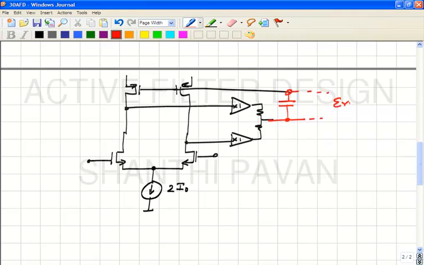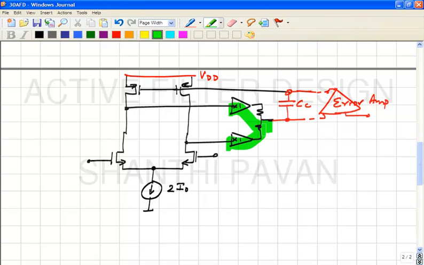This is the error amp. All right. In some situations, it so happens, especially in very high speed designs, that the delay introduced in this buffer is significant. Is not negligible.